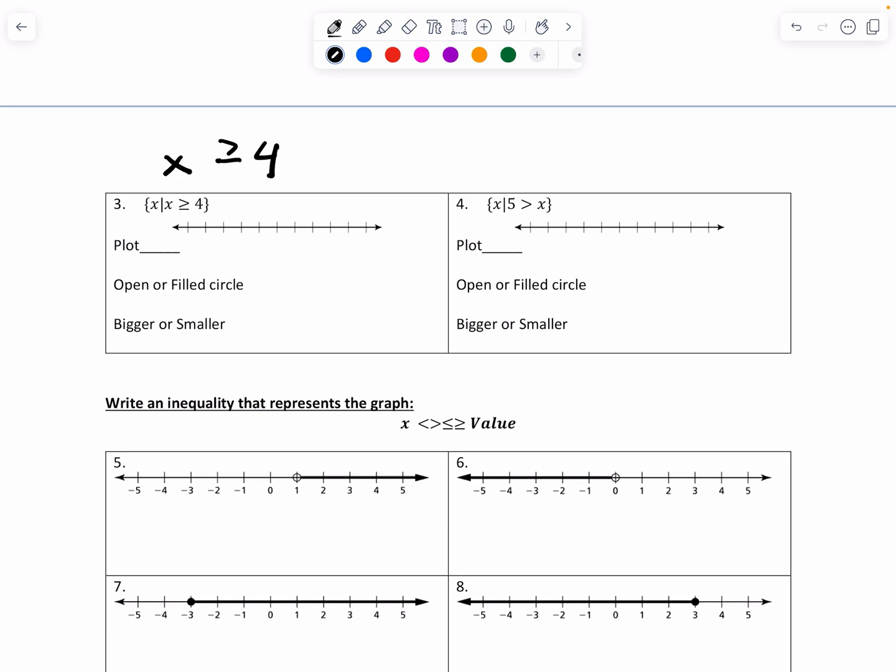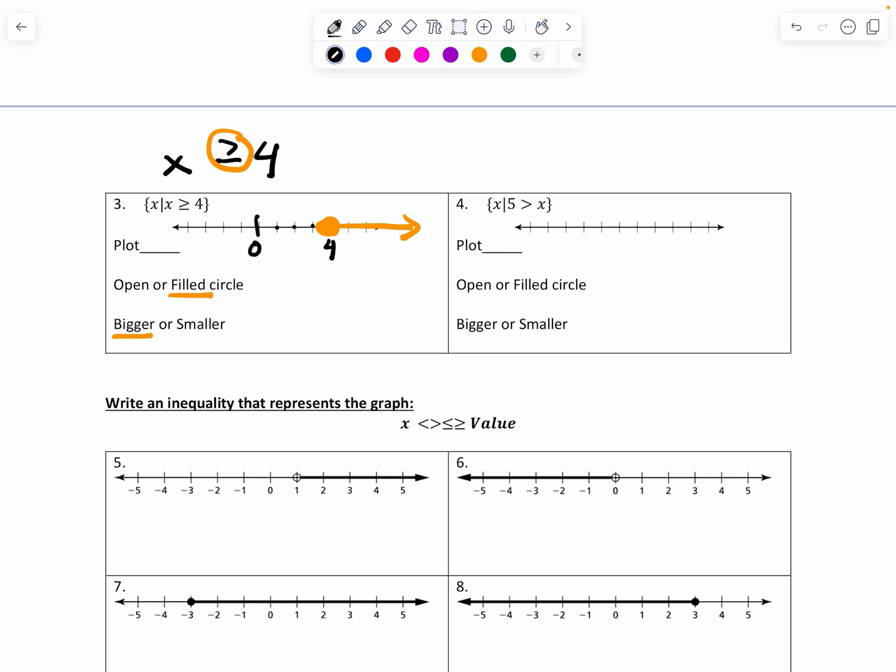So the number I'm going to plot, if this is 0, this would be 1, 2, 3, here's 4. I'm going to do a filled in circle on 4, because it's or equal to. And then greater than means it's everything bigger. So everything to the right of 4.